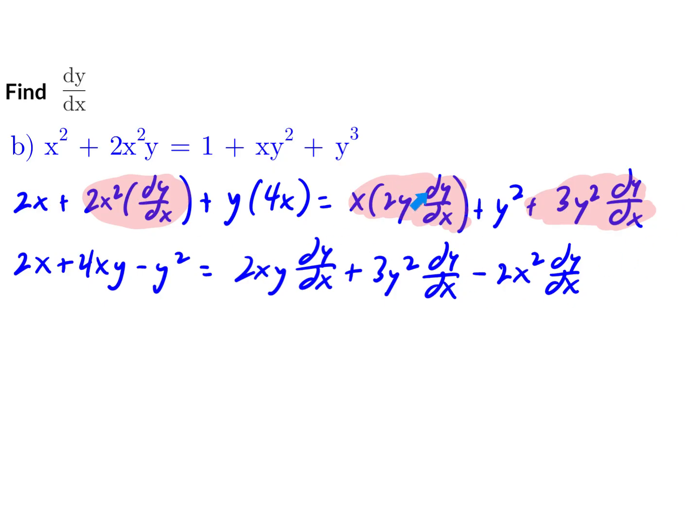So now I rearranged this a little bit, right? x times 2y is 2xy. This stays the same. This goes at the end. That's where I put it. You don't have to necessarily put them in this order. And then I moved the y squared term to the other side. And again, I multiplied this out a little bit, 4xy. So my 2x, 4xy, bring the y squared over.